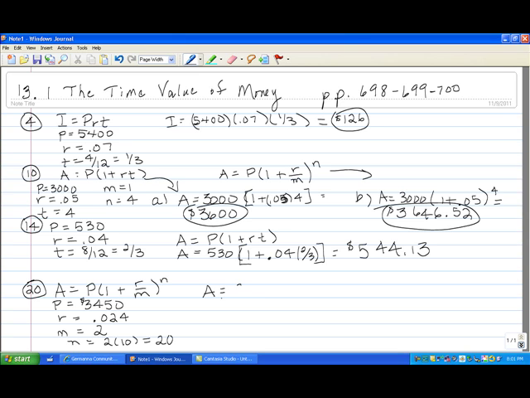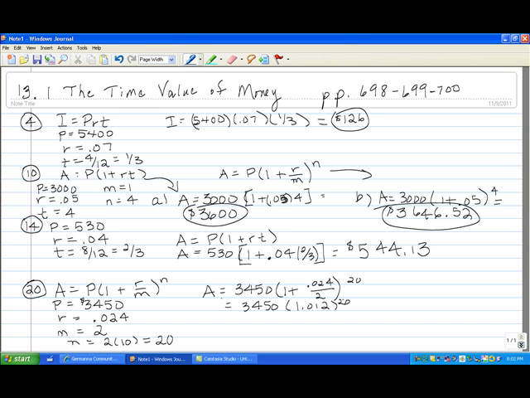So A equals 3450 times (1 plus 0.024 divided by 2) raised to the 20th. I think I'll do a little arithmetic in my head here. 0.024 divided by 2 is 0.012.